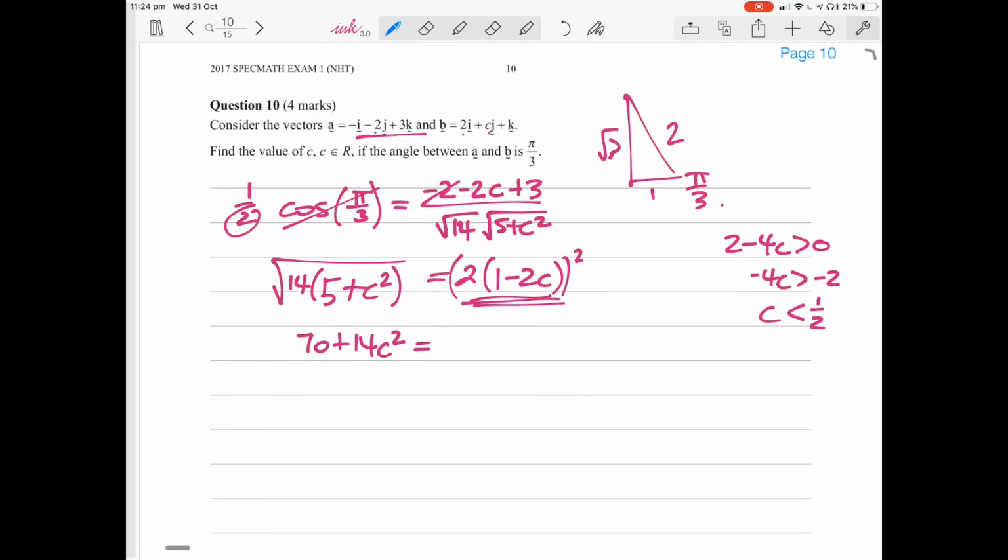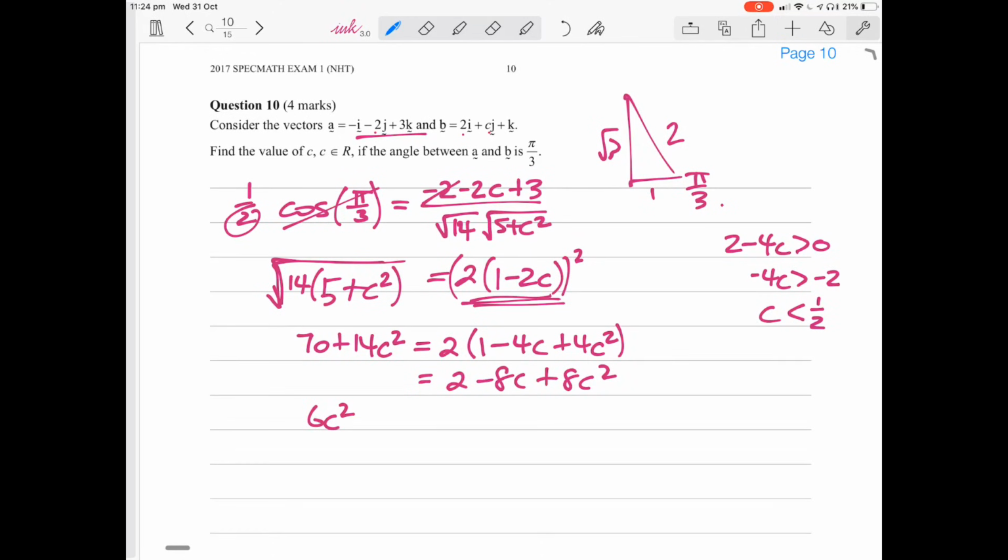Because we know that's got to be positive, because if this is square rooted, it's got to be positive if it's real. Okay, so we've got 2 times 1 minus 4C plus 4C squared, which is 2 minus 8C plus 8C squared. So bring it all to the other side.